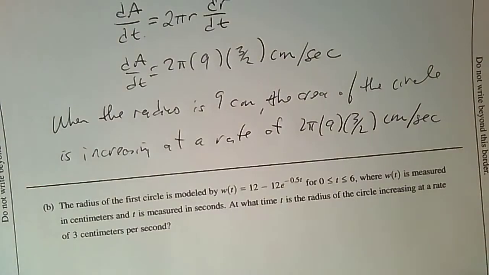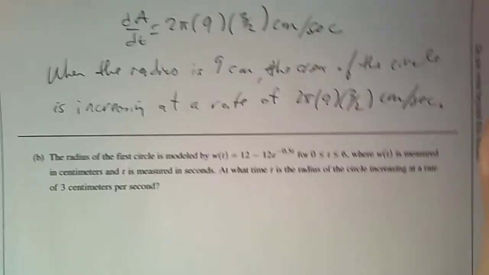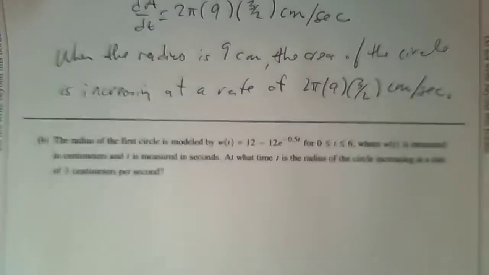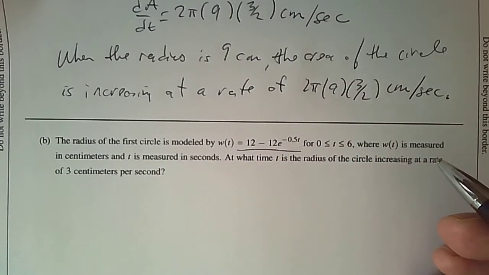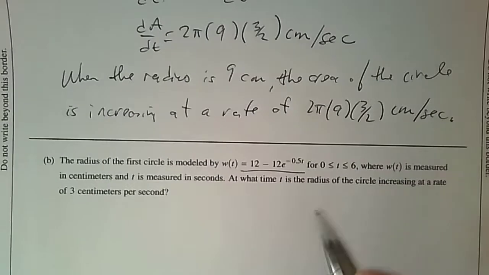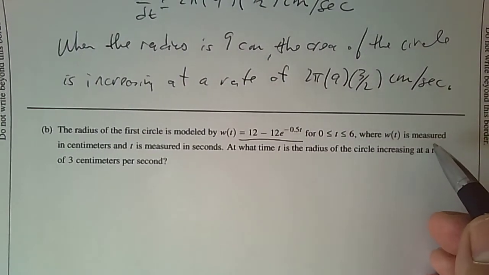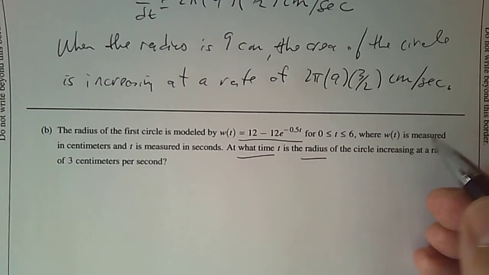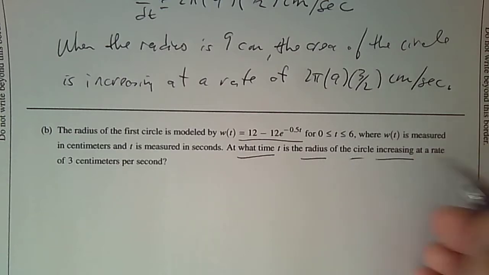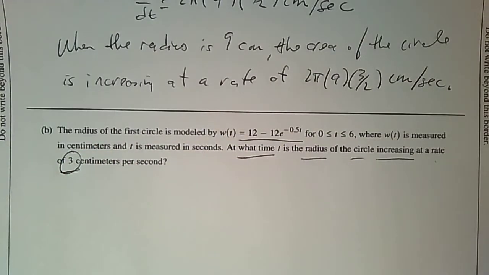Well, there it is. Part B. The radius of the first circle is modeled by this equation from 0 to 6, where the radius is measured in centimeters and t in seconds. At what time is the radius of the circle increasing at a rate of 3 centimeters per second?